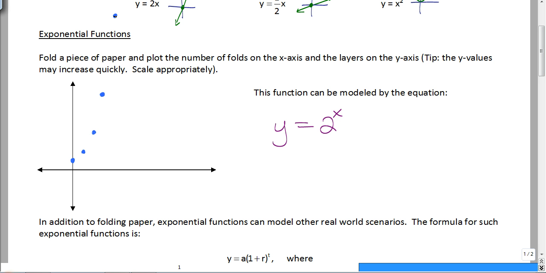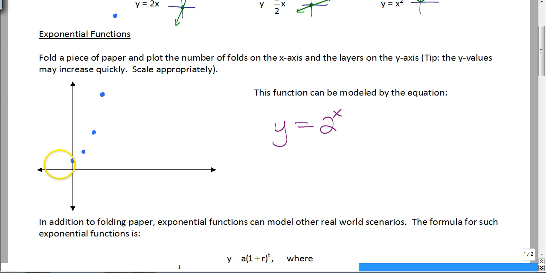But then what if you were going in a negative direction? Again, another reason why it's not like x squared. If it was x squared, negative 1 squared is a positive 1, or negative 2 squared is a positive 4 once you square it. Well, what if you went to a 1/2?